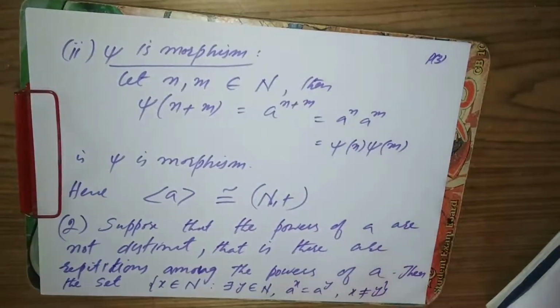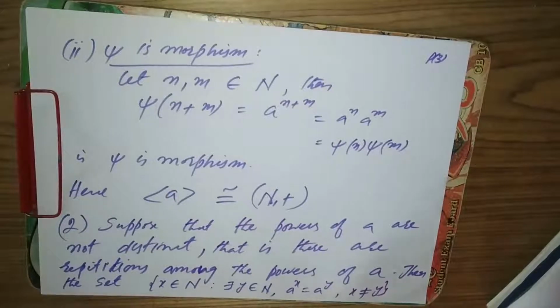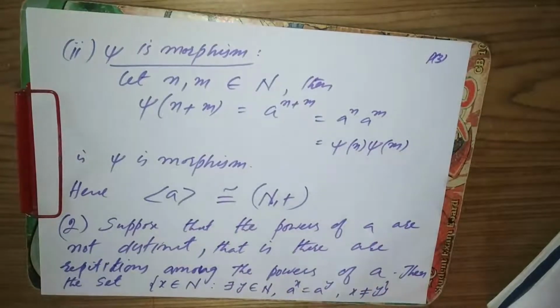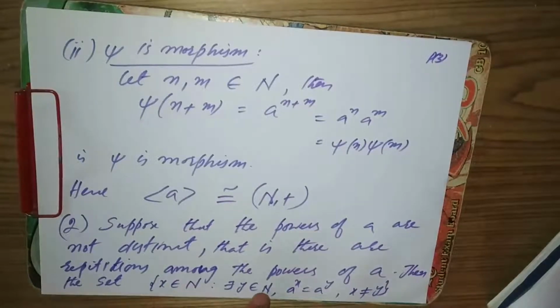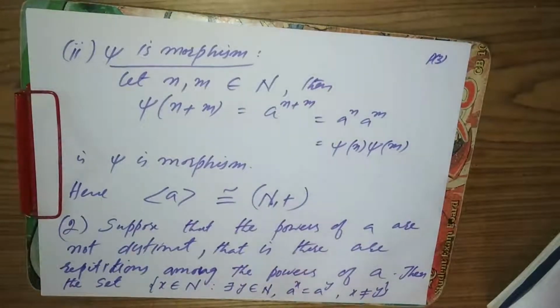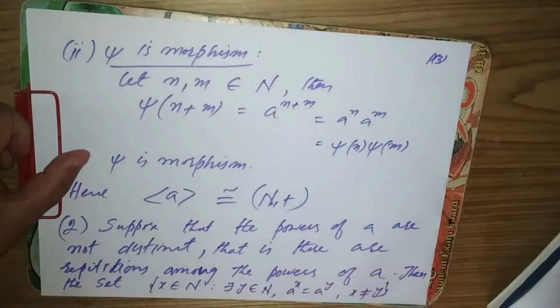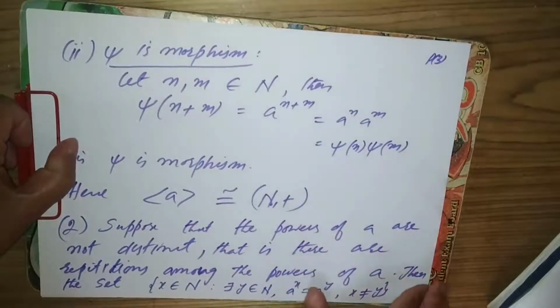This set must be non-empty, because if it is empty, then there are no x and y such that a power x equals a power y with x not equal to y, and in that case the powers of a are all distinct. Since here the powers are not distinct, there must exist some natural number x such that there exists y in N with a power x equal to a power y. If this set is empty, then there is no repetition, and that case is already discussed. So this is the case when there is a repetition among the powers of a.